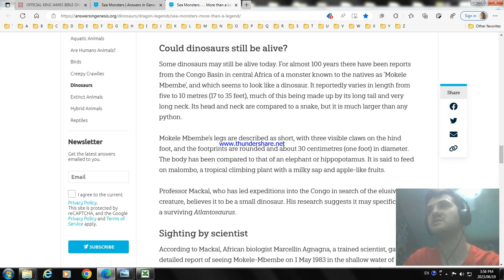It is described as looking like a dinosaur, about 5 to 10 meters, 17 to 35 feet long, with a long tail and a very long neck. Its head and neck are compared to a snake, but it is much larger than any python.